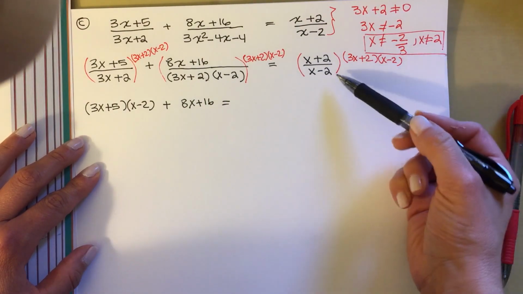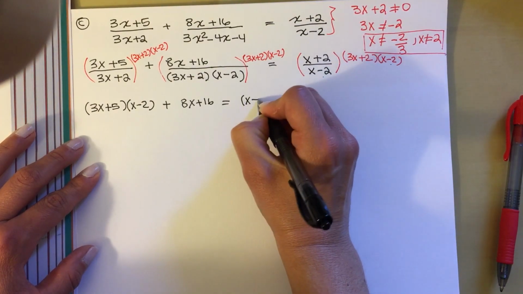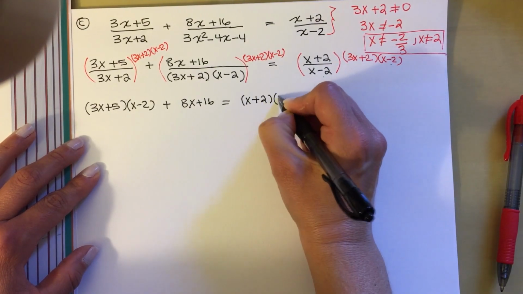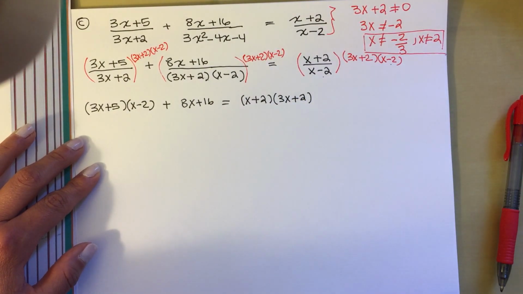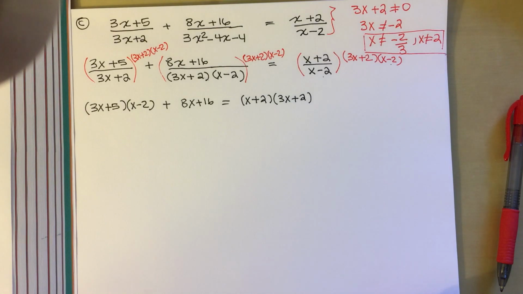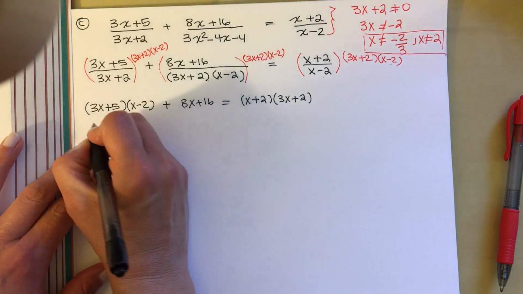The last part, x minus 2 reduces. We are left with x plus 2 times 3x plus 2. We actually need to FOIL these two, combine like terms, and then solve. So let's start by FOILing.